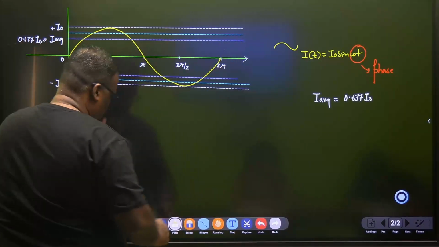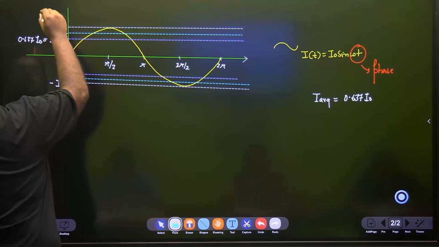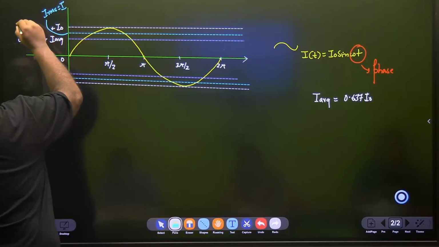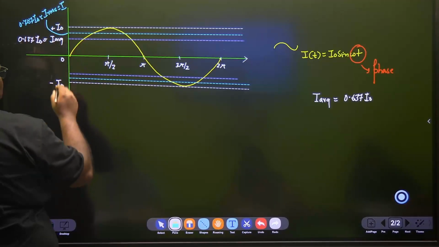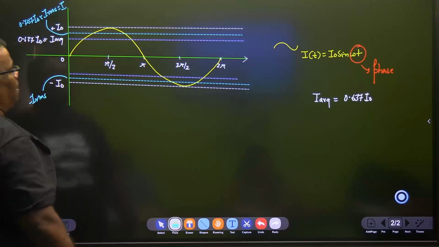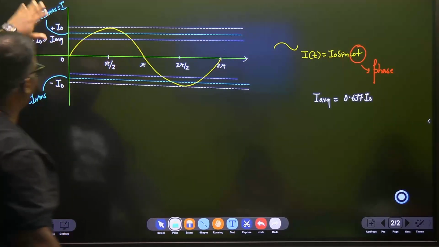This is IRMS, also written as I, which is 0.707 I naught. This is also IRMS negative. Similarly, if it was a voltage signal, the same would hold for voltage.